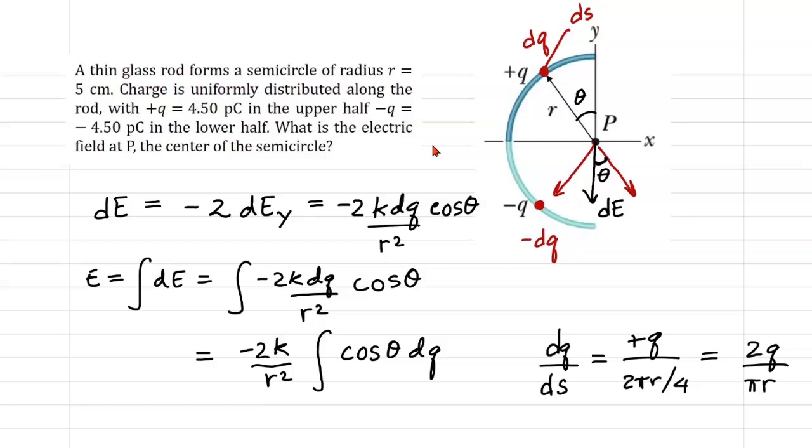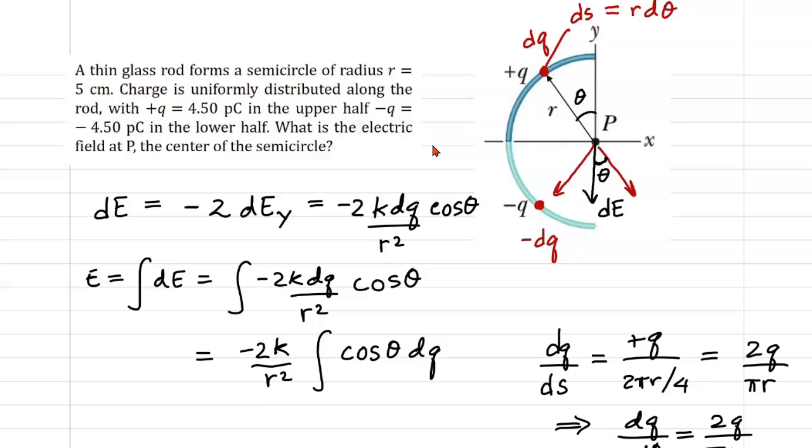If you recall, ds is the arc length, and in polar coordinates, it's going to be equal to r d theta. So what we have then is dq over r d theta equal to 2q over pi r.